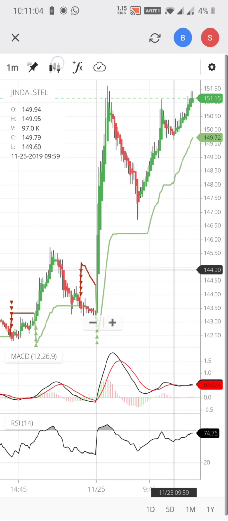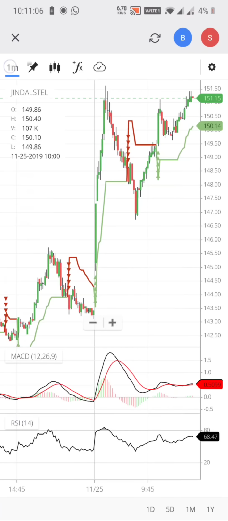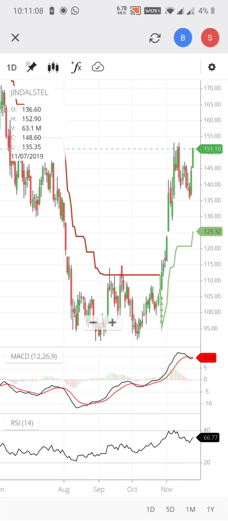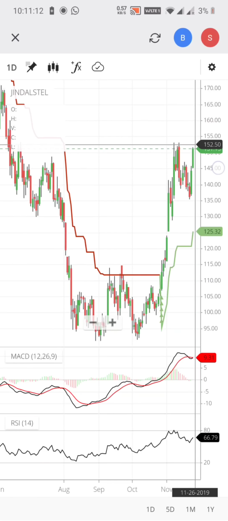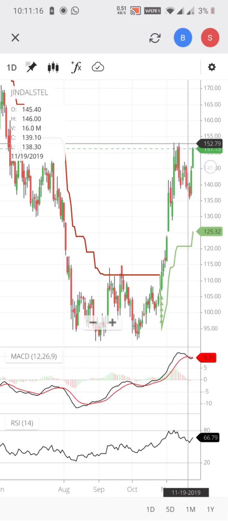Let's go to the chart. Candlestick, 1 day. All the resistance is over here, this area.